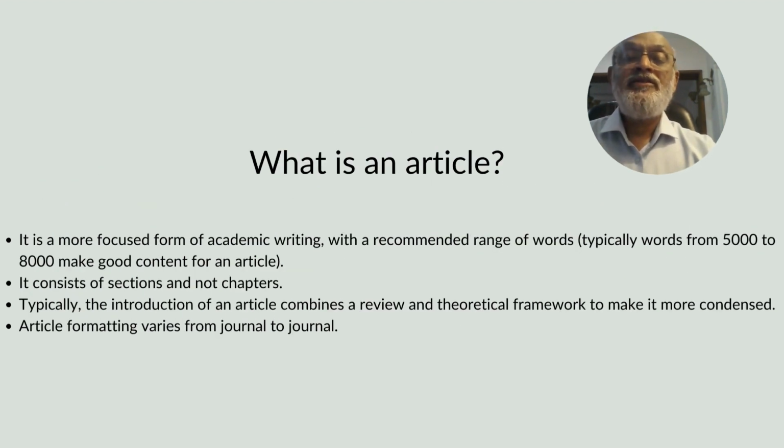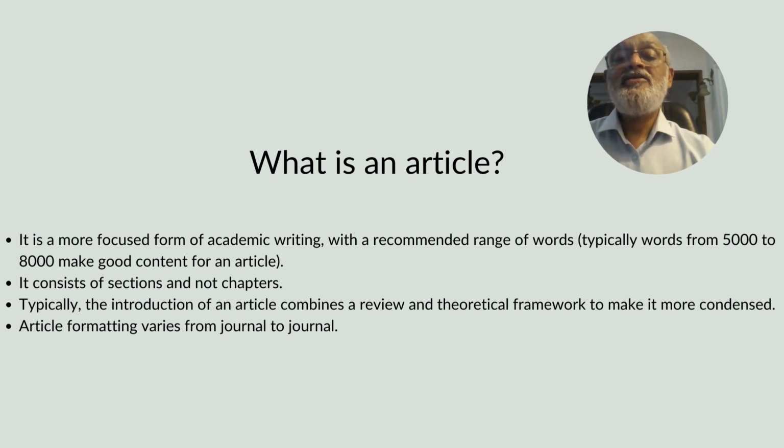Now, what is an article? An article is a more focused form of academic writing with a recommended range of words. Typically, words from 5,000 to 8,000 make good content for an article.